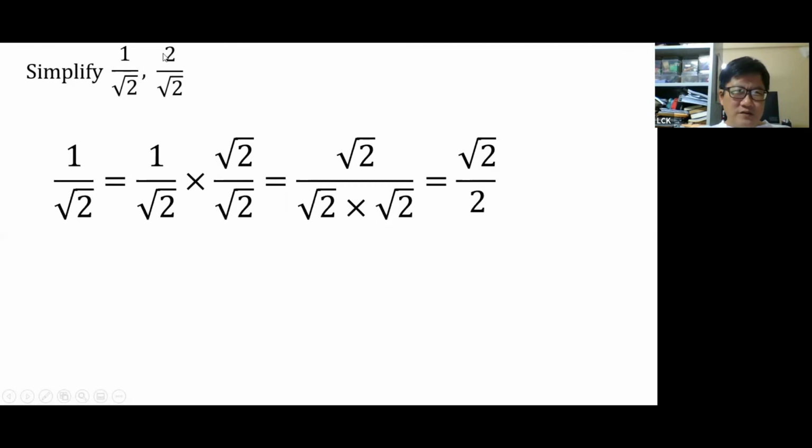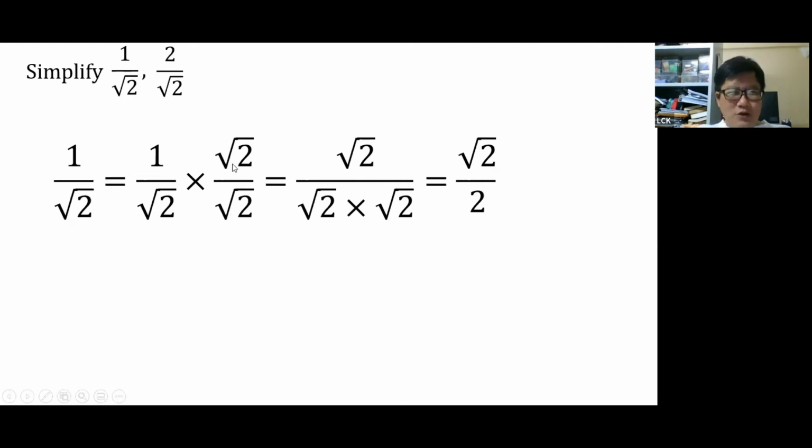So here, this is how you do it. 1 over square root 2. This is what you started off with, and what you do is you multiply by whatever your denominator is. So here your denominator is square root 2. You multiply by square root 2 over square root 2. You have to multiply by this because when you multiply by square root 2 over square root 2, you are multiplying by 1. And when you multiply anything by 1, you're not changing that thing. It remains the same. So really, you're multiplying by 1 very cleverly here.